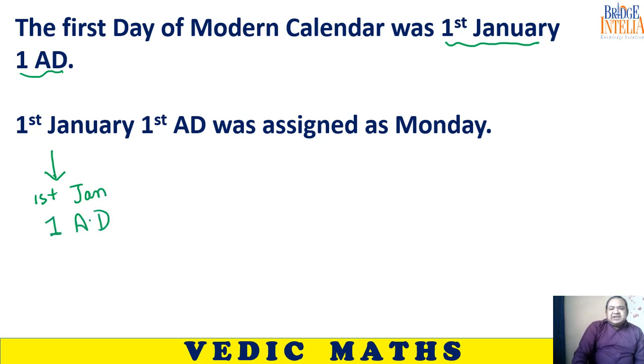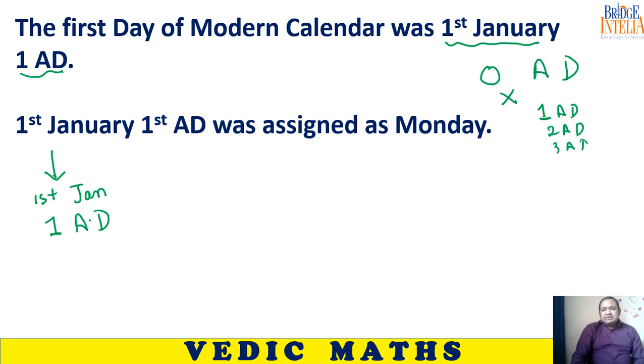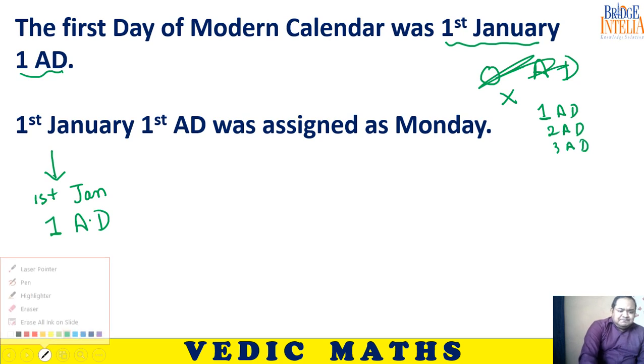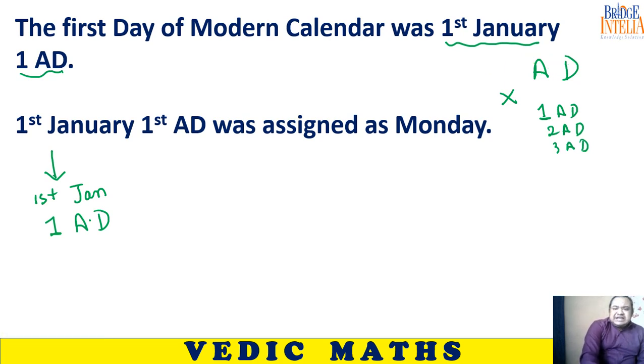There is nothing called 0 AD. 0 AD does not exist. The year 0 does not exist. So the counting began from 1 AD, then after 1 year came 2 AD, then after 1 year again came 3 AD and so on. So 0 AD does not exist in human history. The calendar began on 1st January 1 AD.